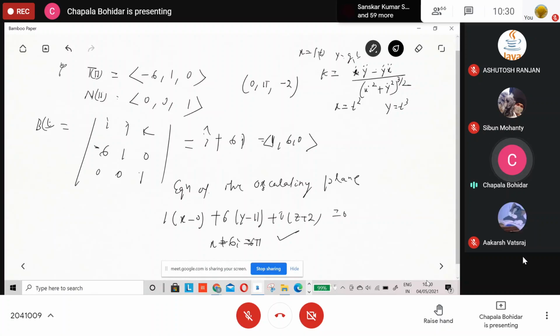The answer is here. Now try to solve it yourself. Find x dot, find x double dot, put all these values in, and tell me the value of kappa. Try to do it yourself. Are you doing it or not?